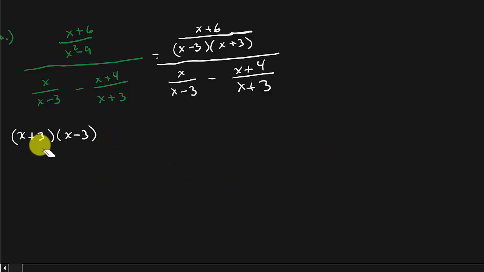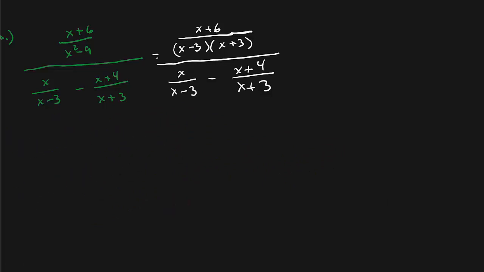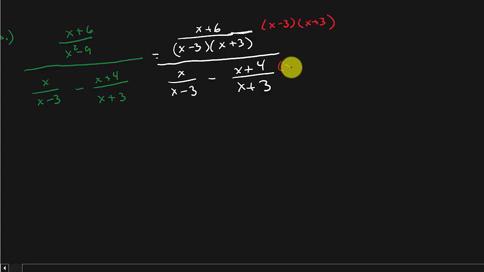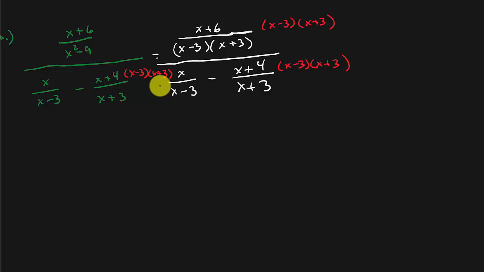What am I doing? And hopefully you can see how easy this next step is. What am I doing? I'm multiplying each term by the common denominator. All I have to do is write the common denominator next to each term. That's all I'm doing. Multiplying each term by the common denominator.